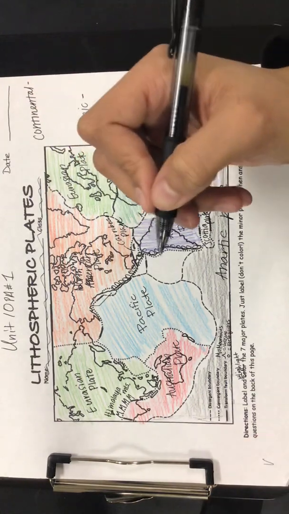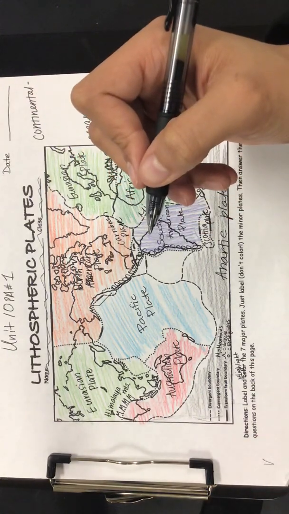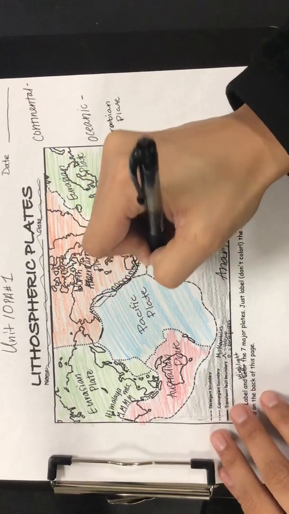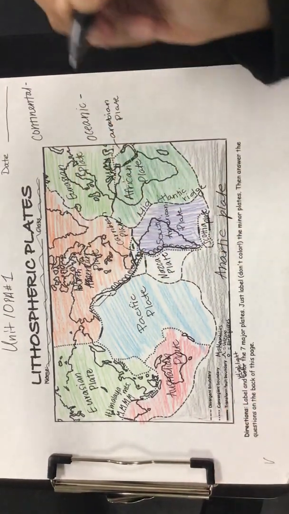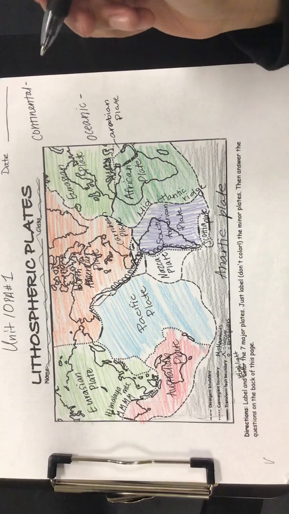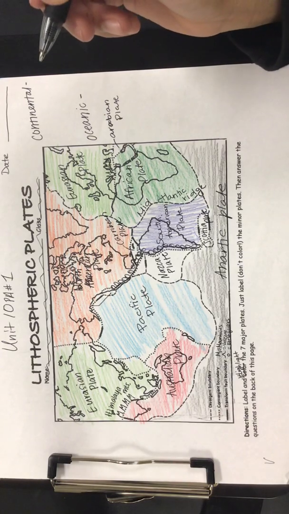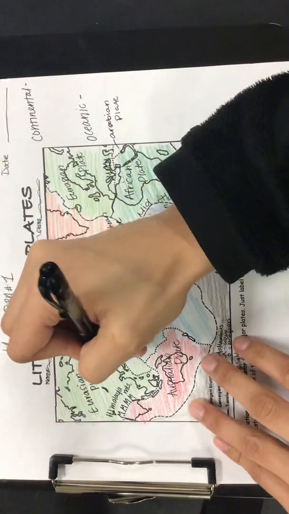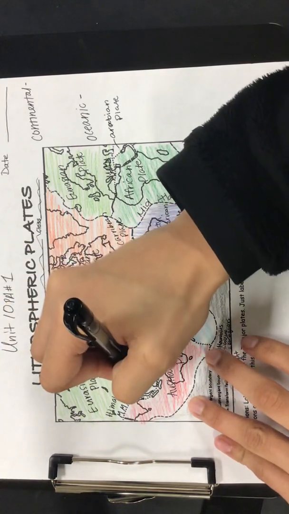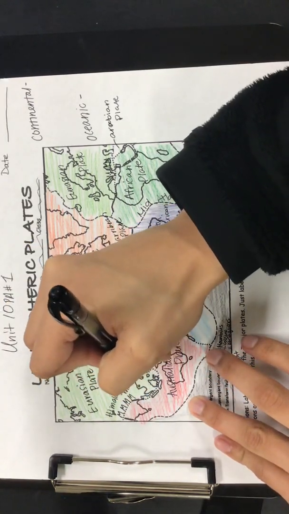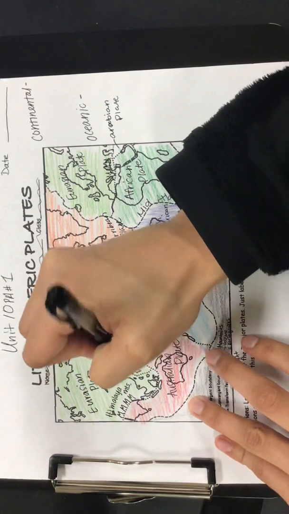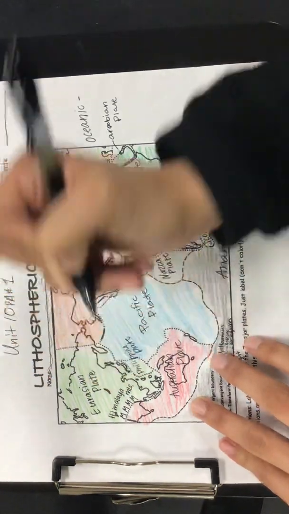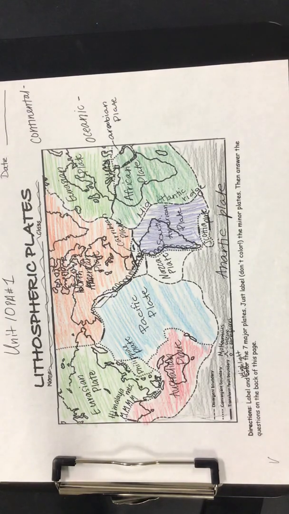Okay. Nazca plate. Alright, so there's quite a few. I'm trying to make sure we get them all. Right here's the Philippine plate, okay? The Philippine. Okay, so we have quite a few of them labeled.